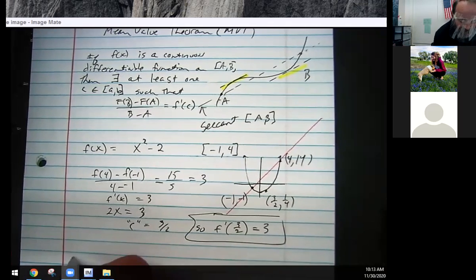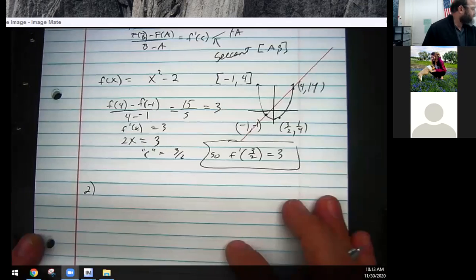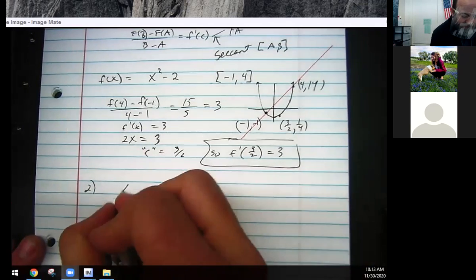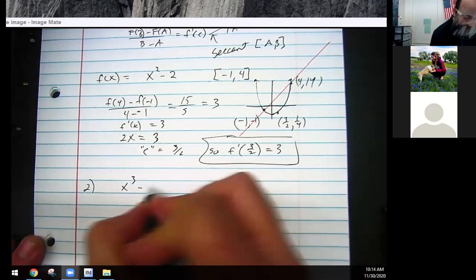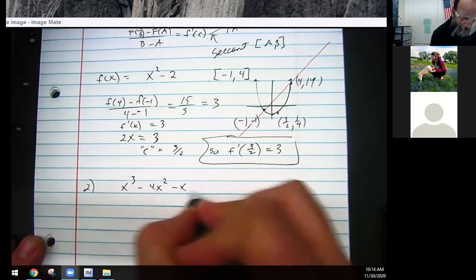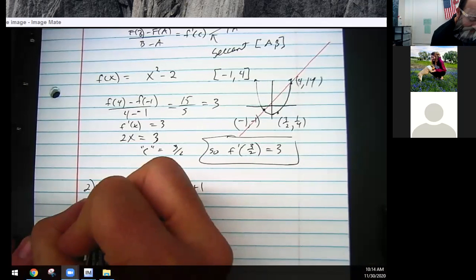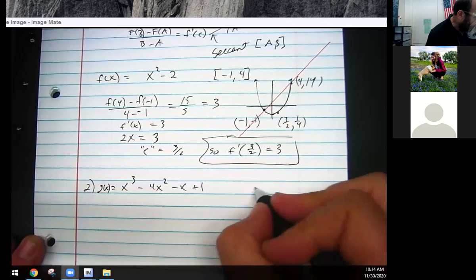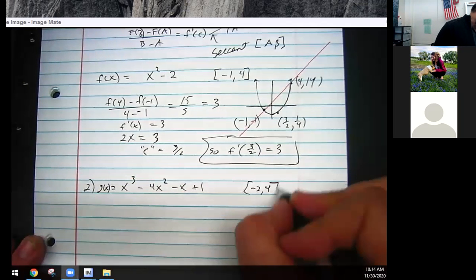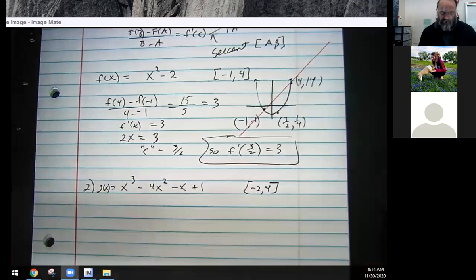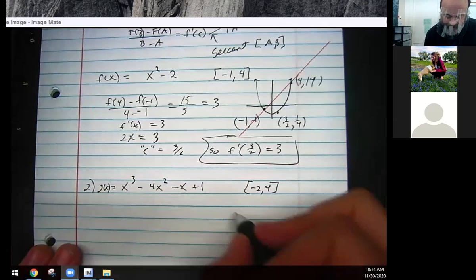So for my other question, because I really only wanted to look at two of them, I have some function g of x is x cubed minus 4x squared minus x plus 1. I've got an interval from -2 to 4. And I want to find the value guaranteed by the MVT.